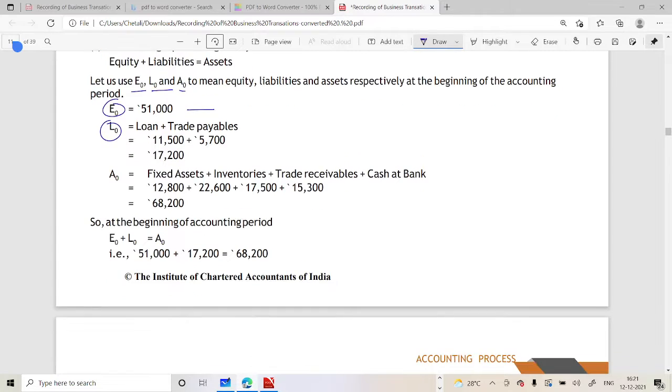Loan means loans and trade payables 1517.